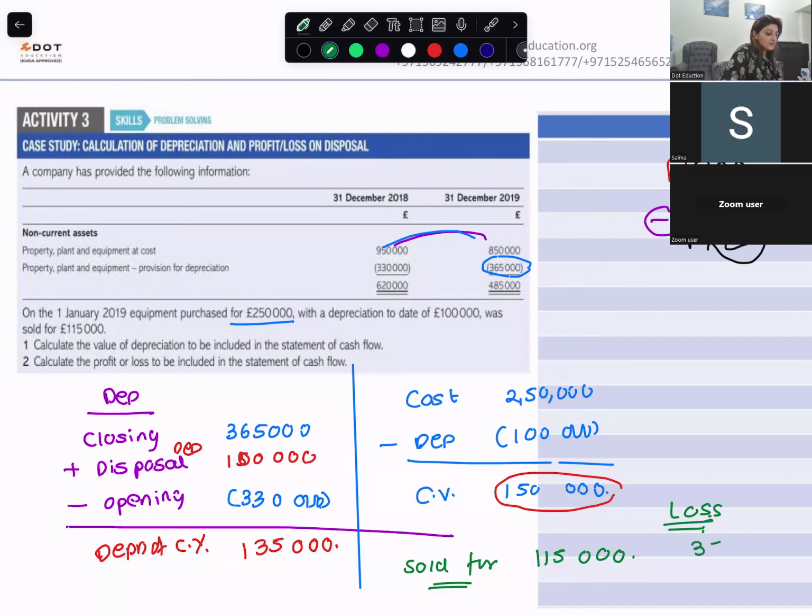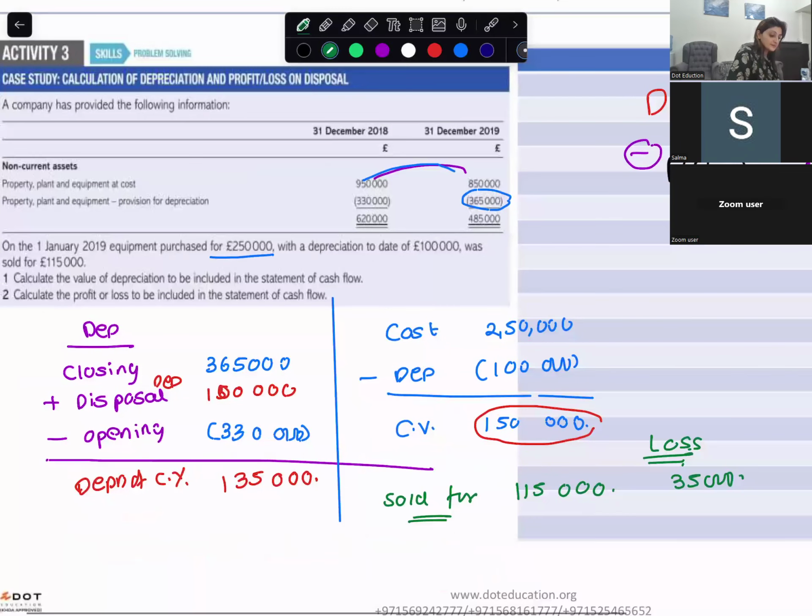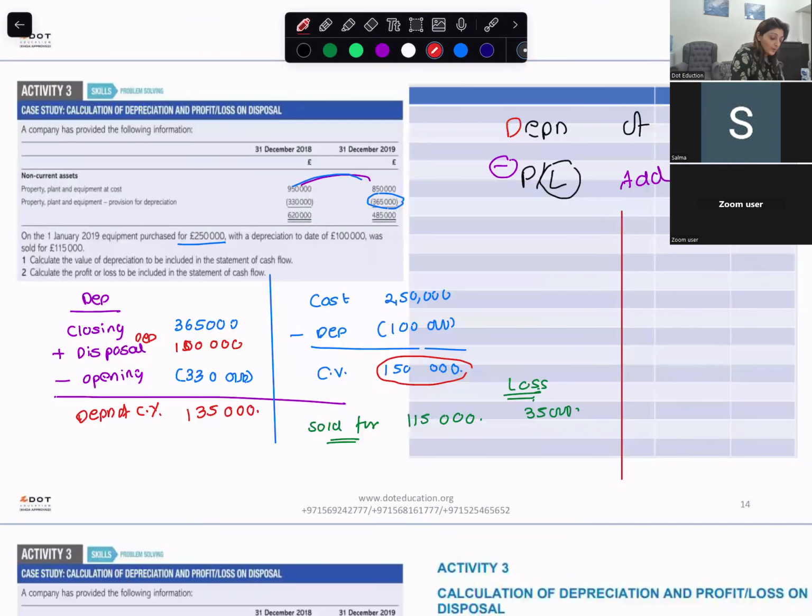When you make your statement of cash flow, you start with what? The operating profit. In your operating profit, what do you add? You add your loss on assets sold, the loss on sale or disposal of asset, and what do you add more? Depreciation on asset. So what will you get after doing this?